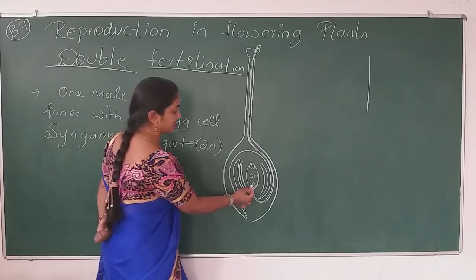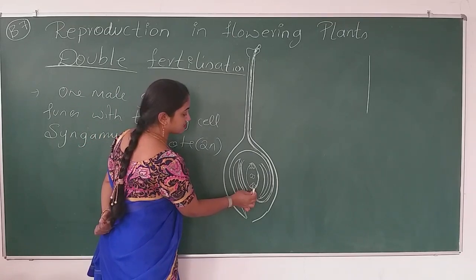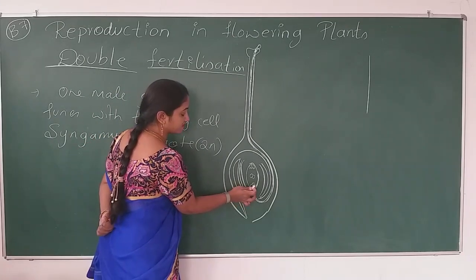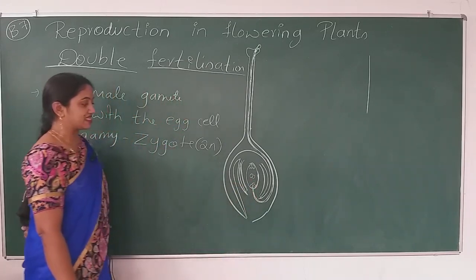Syngamy results in the formation of the zygote, which is a diploid cell. So when the pollen tube releases the male gametes, one male gamete fuses with the egg cell.